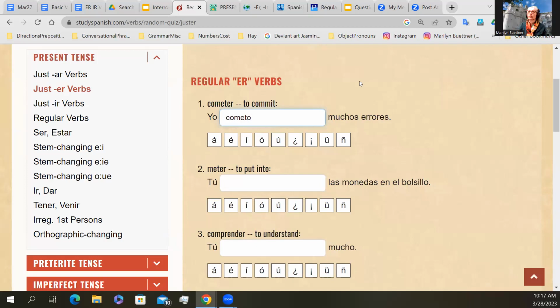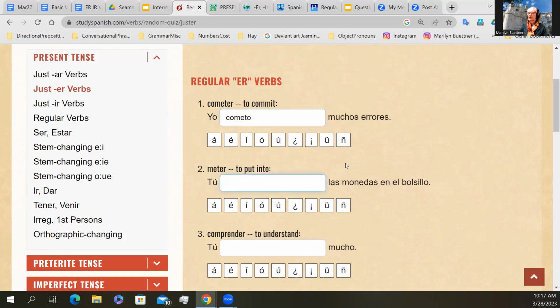Yo cometo muchos errores. And typically that yo is your prompt, but people will drop that yo and they'll just say, cometo mucho. Lo siento, sorry. Cometo muchos errores en español. And the other person will wave you off because they know that you're practicing.